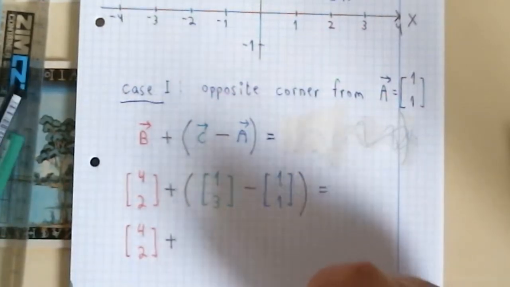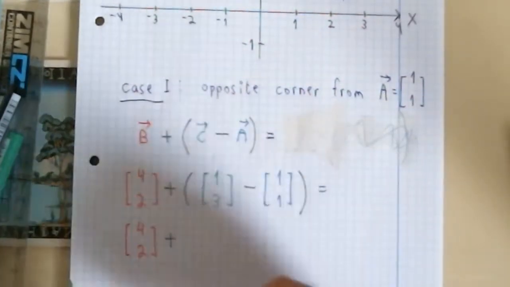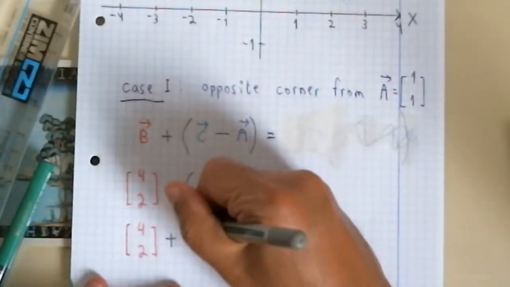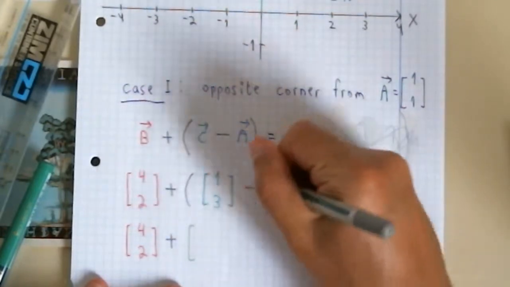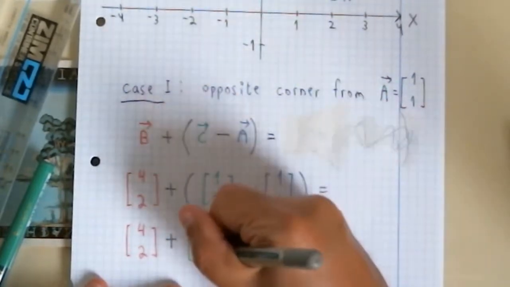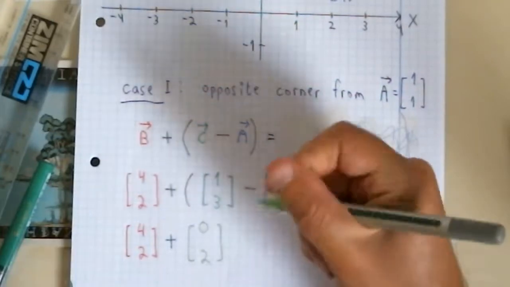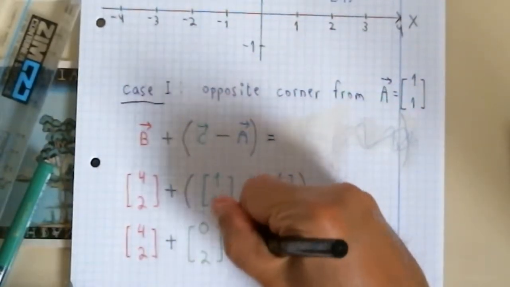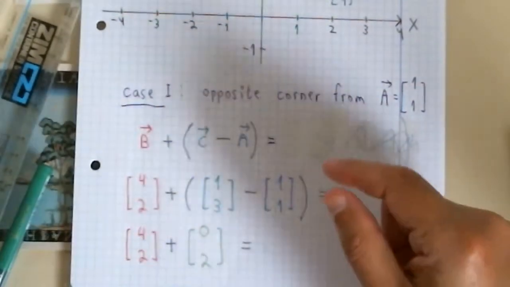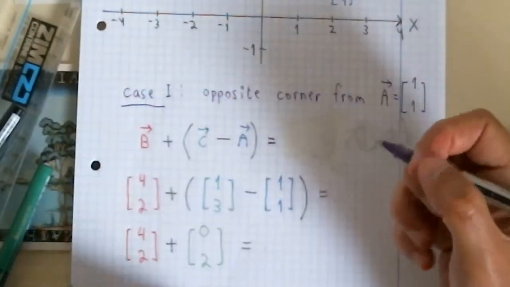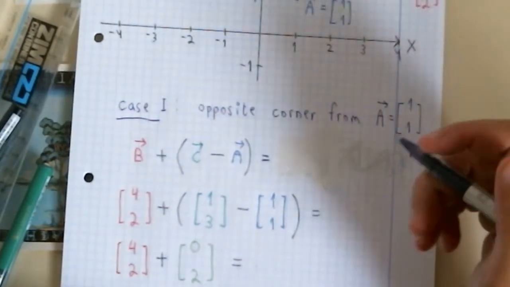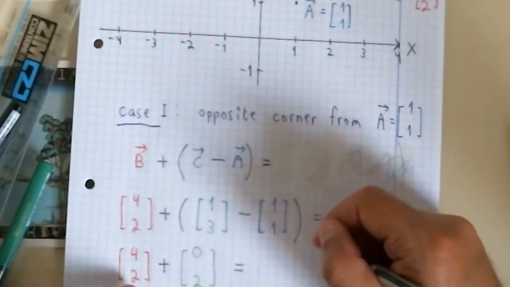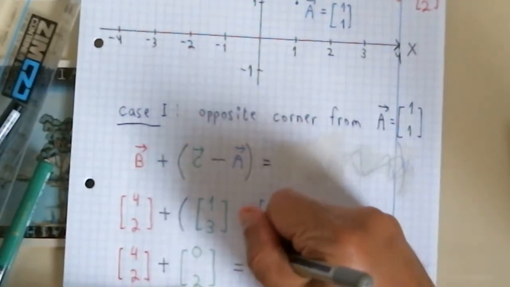So let's make it in light green, for example. 0, 2. Okay, and that equals the answer, which we'll make in purple again because we did before. 4 plus 0 is 4, 2 plus 2 is 4.